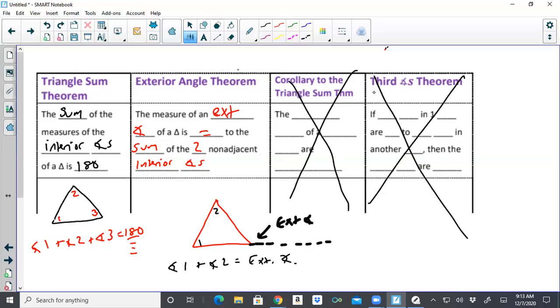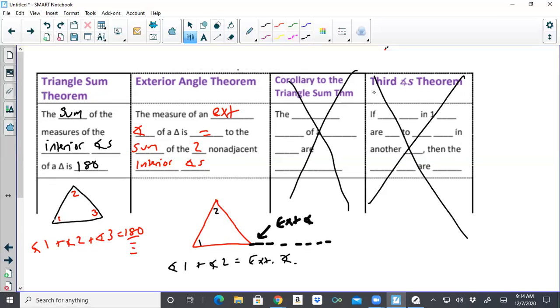Do you guys have any questions about the triangle sum theorem or the exterior angle theorem? That basically means that an exterior angle is equal to the two non-adjacent angles.